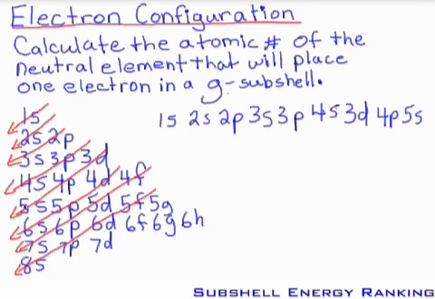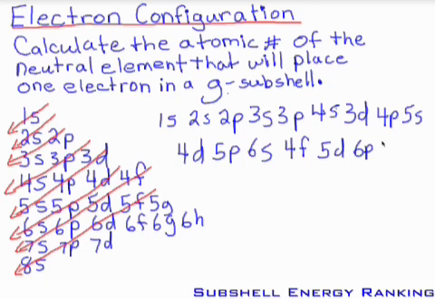Now, after 5s, we go to the 4d, the 5p, then the 6s. After 6s, we have 4f, we have 5d, 6p, 7s.